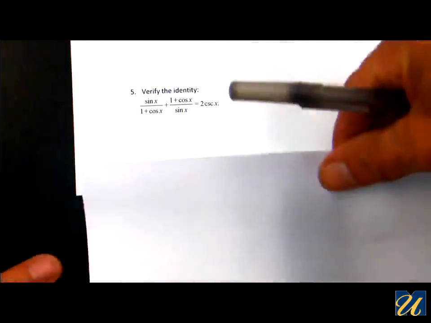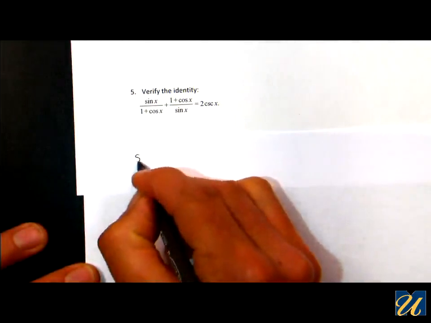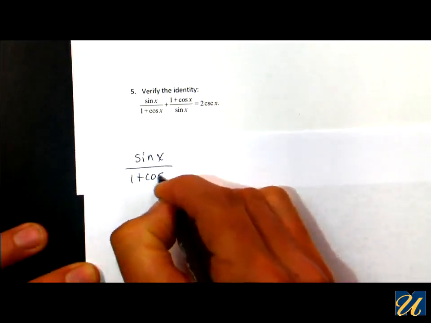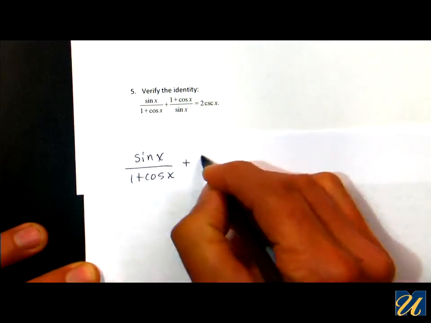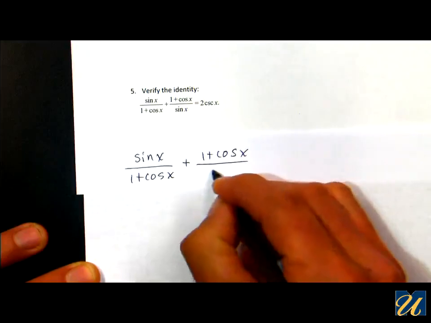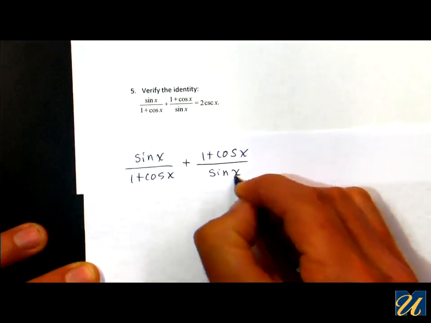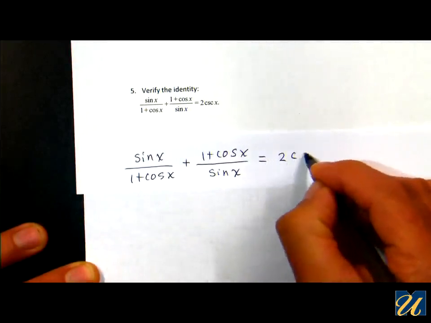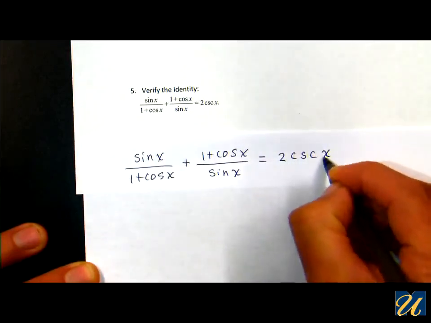What do we got here? We've got 2 fractions, so we got sine of x over 1 plus cosine x added to 1 plus cosine x over sine of x. Somehow that's equal to this small expression 2 cosecant x.